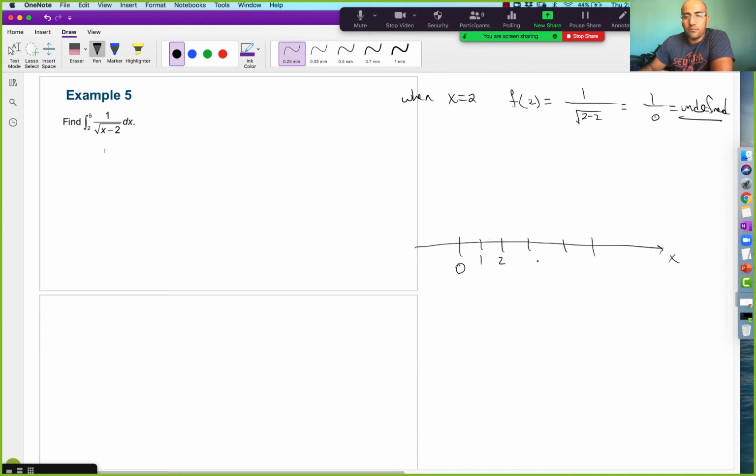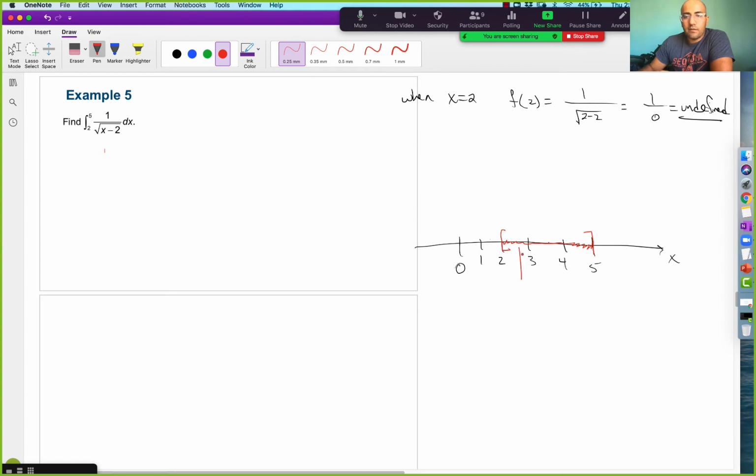So we want to integrate from 5 all the way down to 2.